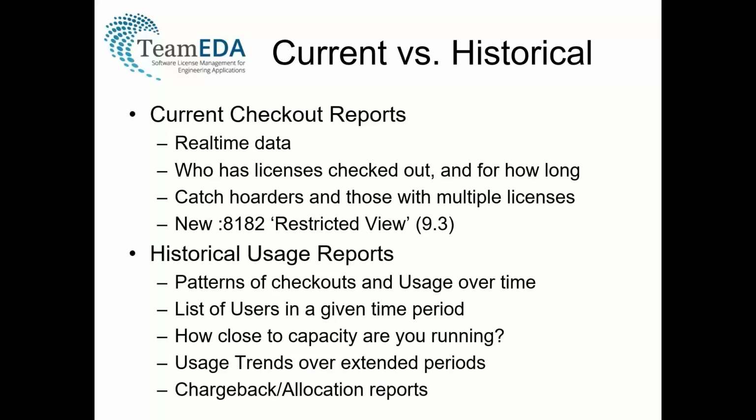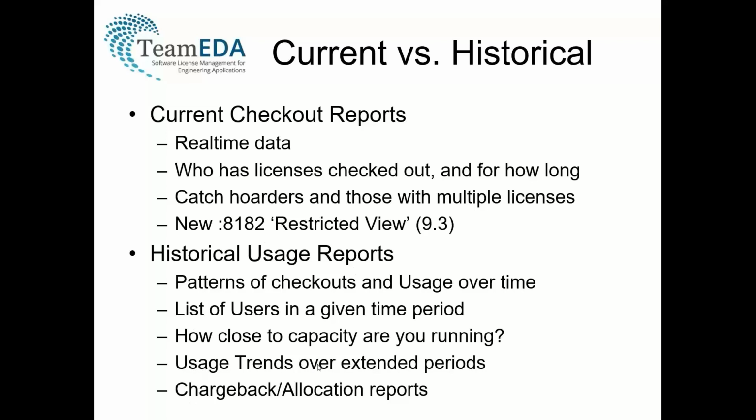So you'll be able to track what's the maximum usage over a given period of time, considering what your capacity is. And then you can also look at usage trends over a period of time. This would be maybe 6 months, 180 days, 365, over extended periods of time. You will be able to look at the averages line and see if you're trending up or down or pretty stable. We'll talk a little more about that in a minute.